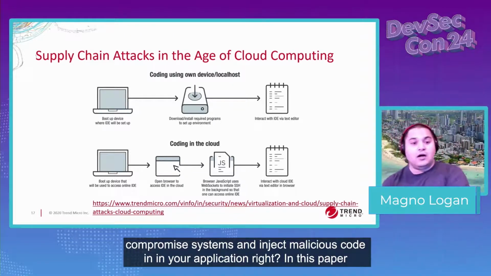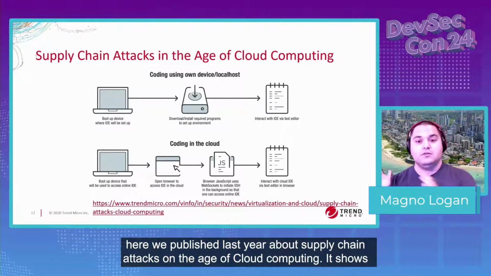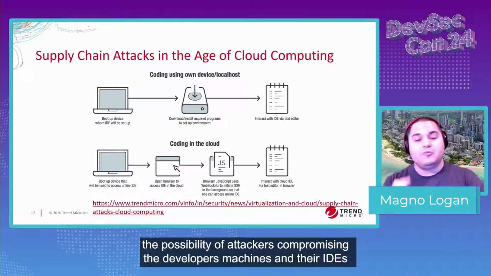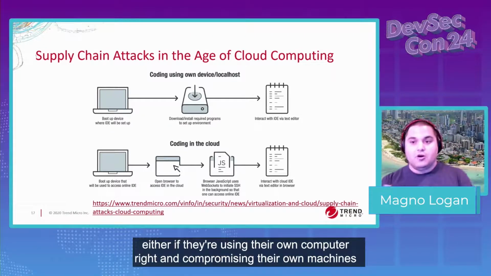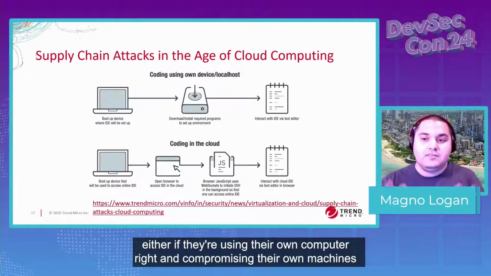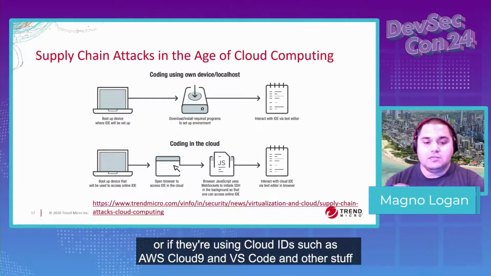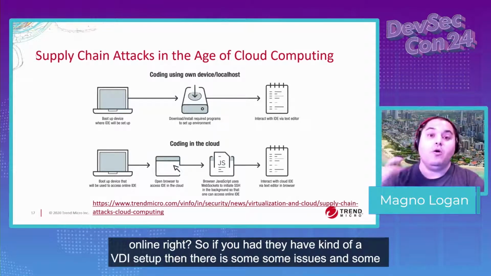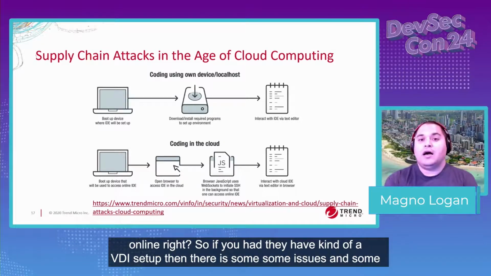In this paper that we published last year about supply chain attacks in the age of cloud computing, it shows the possibility of attackers compromising the developers' machines and their IDEs, either if they're using their own computer, or if they're using cloud IDEs such as AWS Cloud9 and VS Code and others online, kind of a VDI setup.